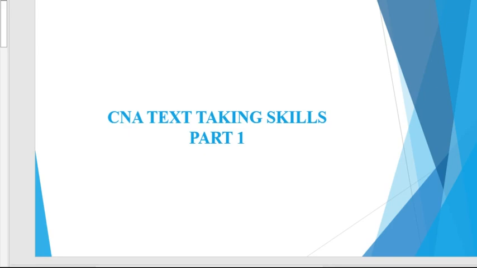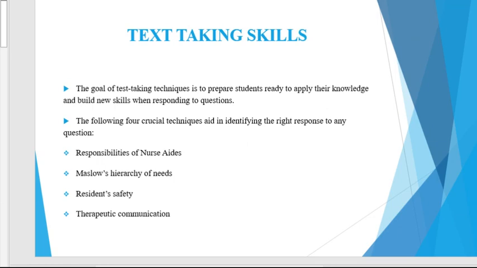So the first thing we're going to talk about is the goal of these test-taking techniques. The goal of test-taking technique is to prepare students to apply their knowledge and build new skills when they are responding to questions. There are 4 crucial techniques or aids in identifying the right response to questions.